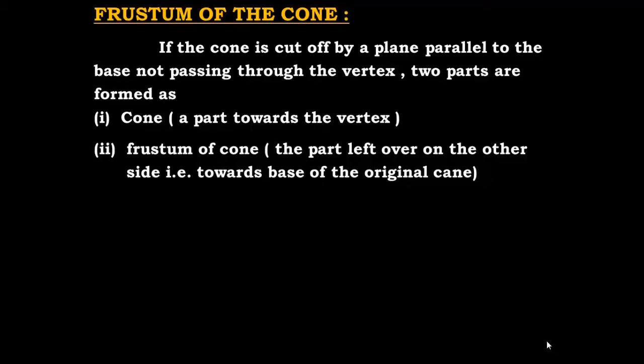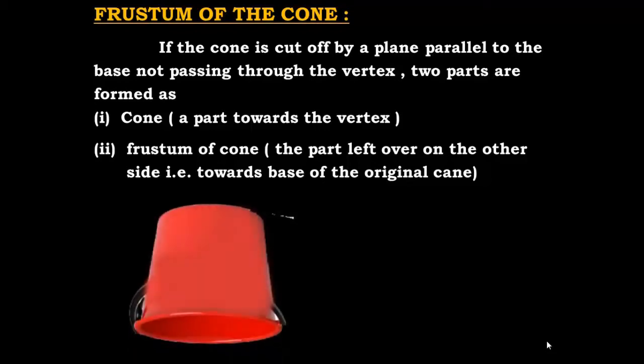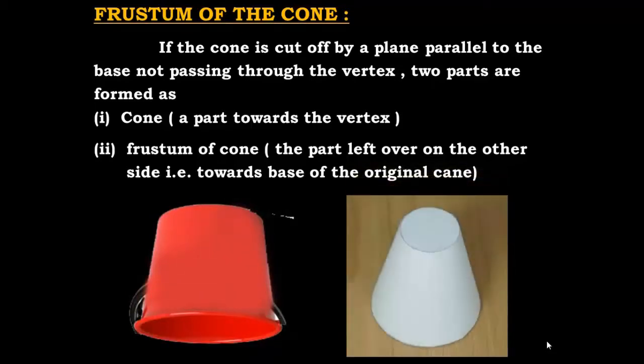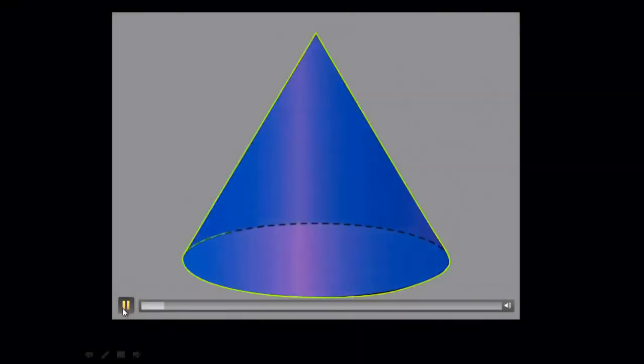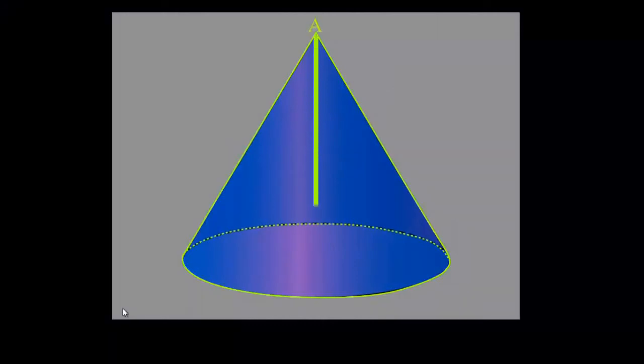See the examples of frustum of a cone. Bucket. A bucket is the best example of a frustum of a cone. We have one more example, a glass. A glass is also an example of a frustum of a cone. Now let us see how this frustum of a cone is formed. Consider a cone. Already we know the dimensions of a cone are height h and radius r.